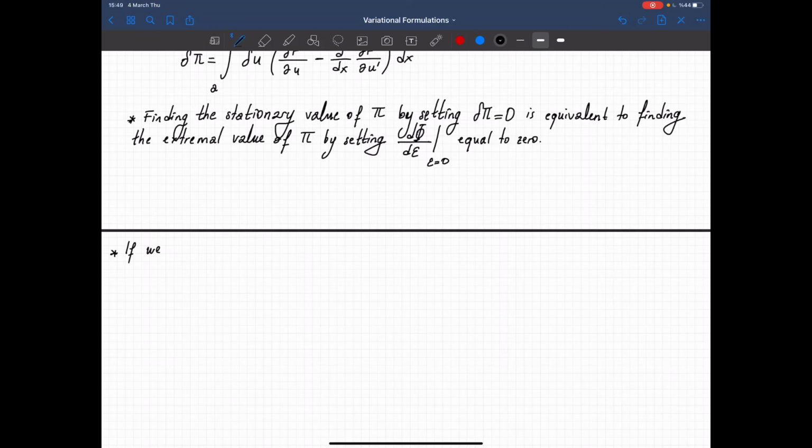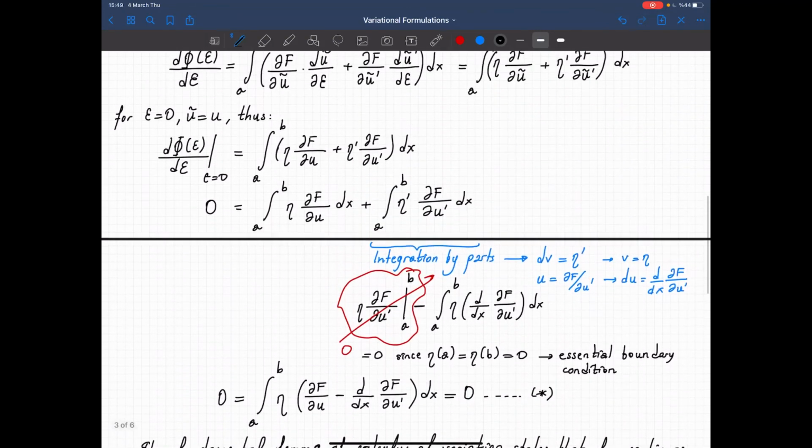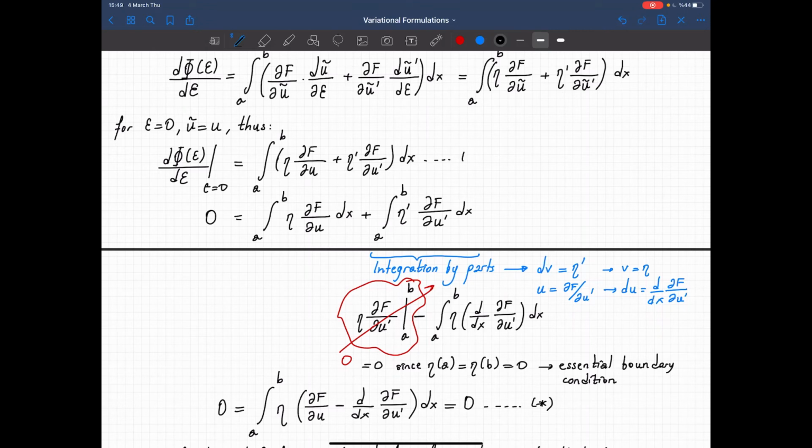If we revisit the integration by parts of equation double star, so let's remember that's equation double star. We do an integration by parts and we obtain this part.